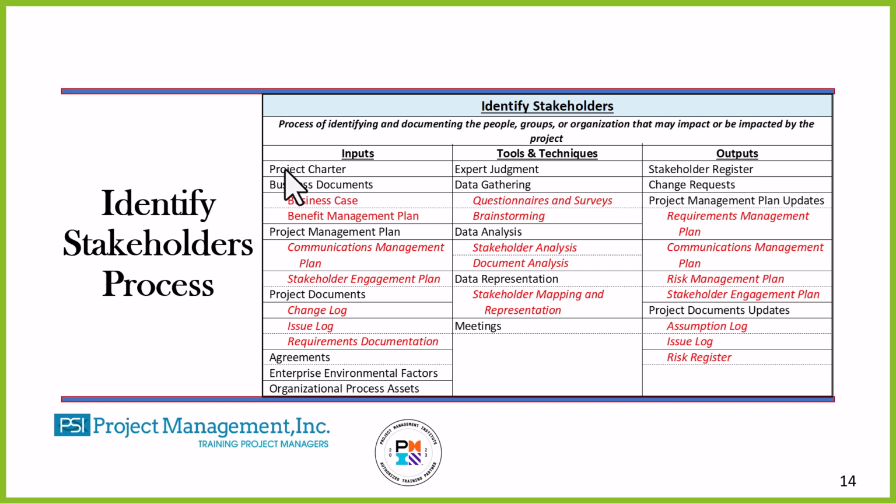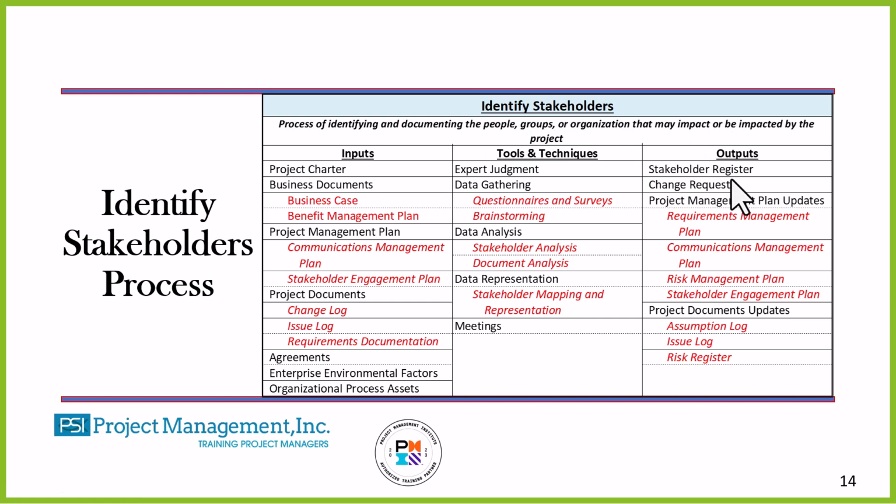The inputs are the information, the things that are needed to be able to do the process. We take those inputs and use tools and techniques to analyze it, to create what we want for our output. So in this case, our output is going to be the stakeholder register primarily. That's right here.